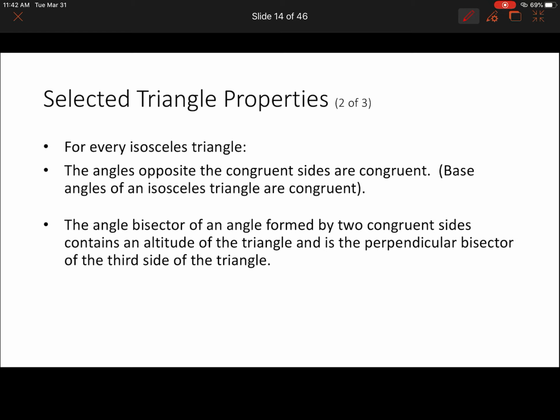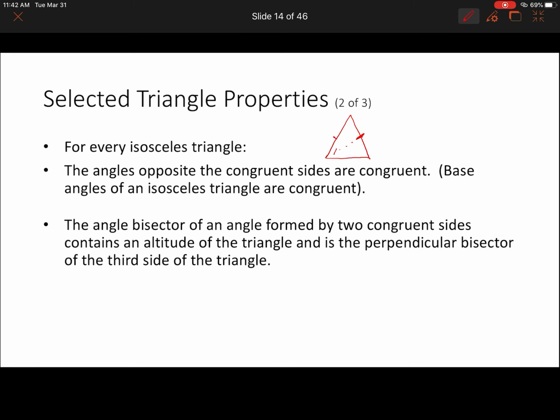All right, so let's look at two more theorems that deal with isosceles triangles. The first one says the angles opposite of congruent sides are congruent.